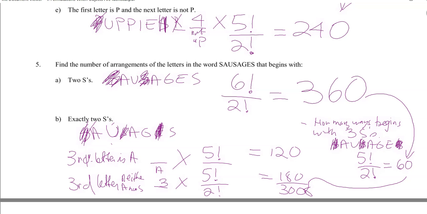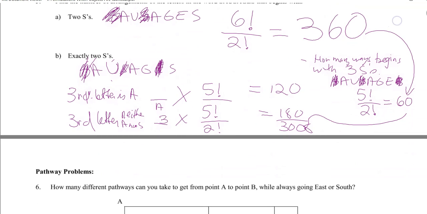Get rid of them, and we are left with the ones that begin with exactly 2 S's. So sometimes counting what you want this way is harder than counting the thing you don't want and just subtracting it from a number you already have.